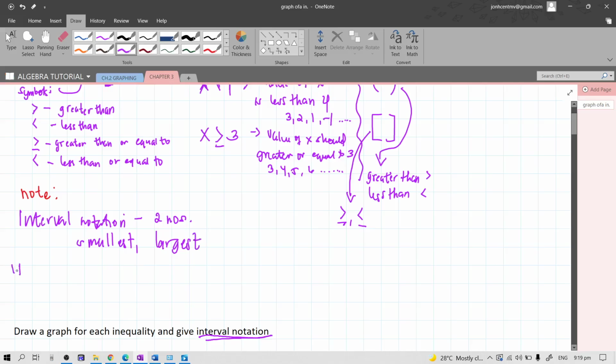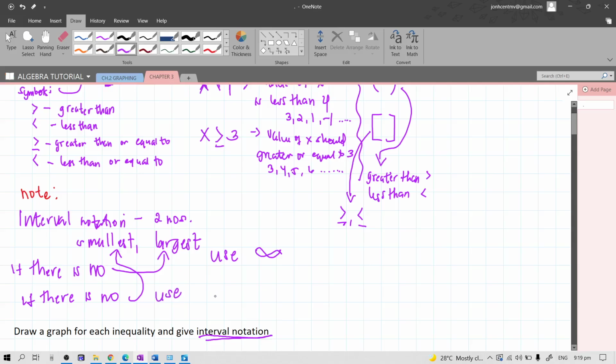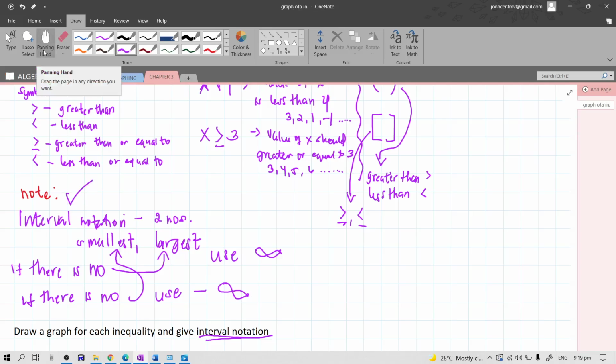Okay? If there is no largest number, use infinity. Okay? If there is no smallest number, use negative infinity. Okay? So, ayan pa yung isang rules na laging tatandaan dito sa ating inequalities.